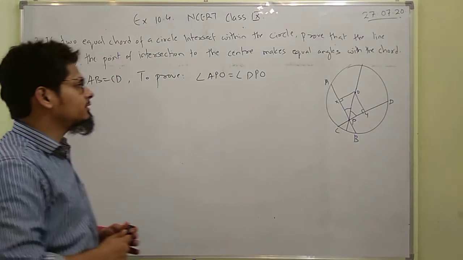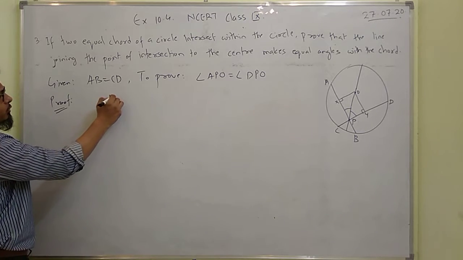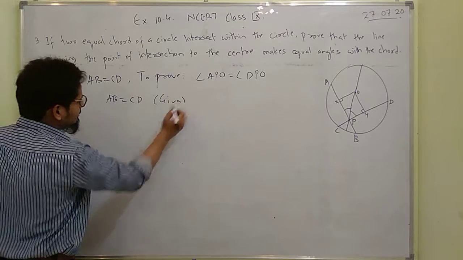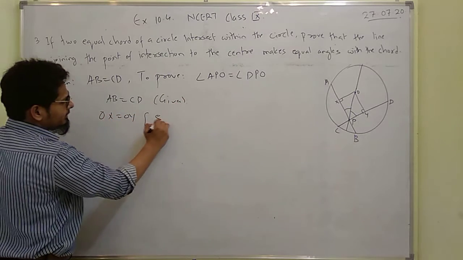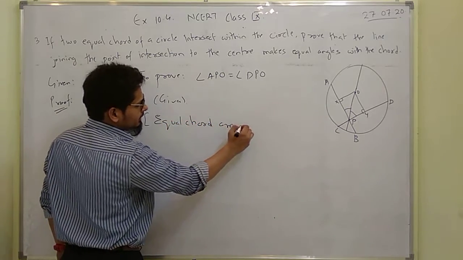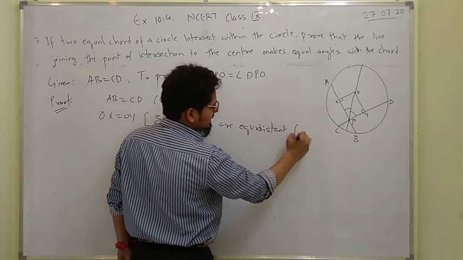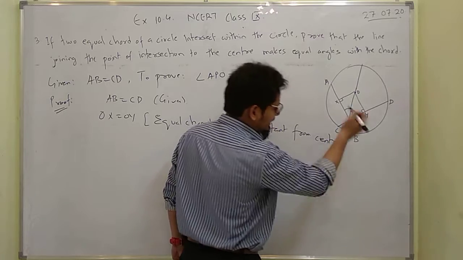Okay, so class, our first requirement is that AB is equal to CD, it is given in the question, right? Then we have OX equal to OY, and you write the reason: equal chords are equidistant from the center, right? From the center of the circle.